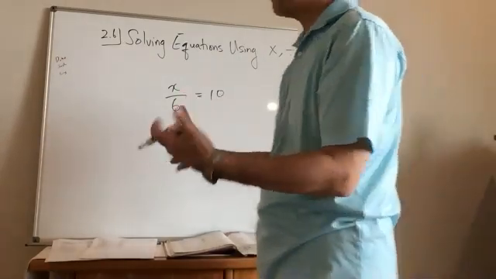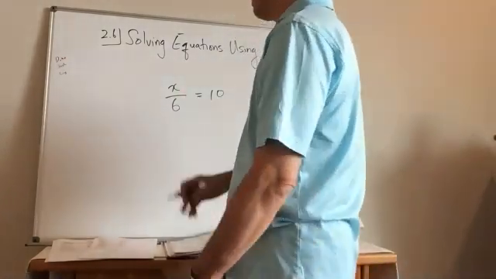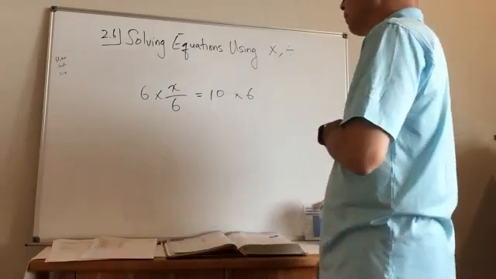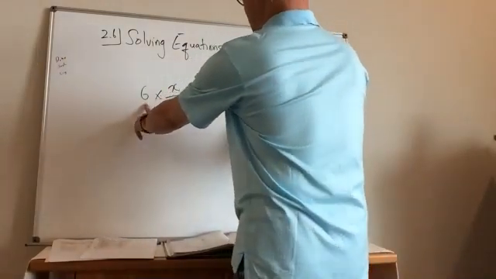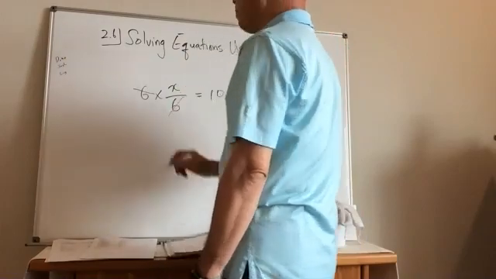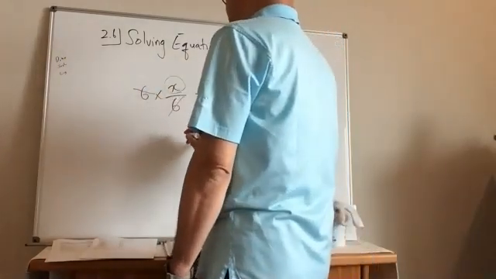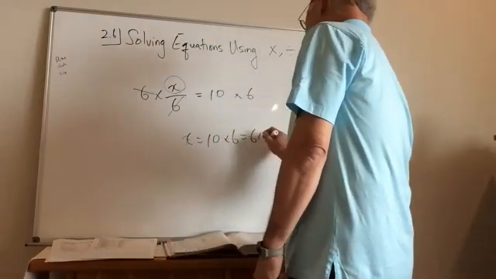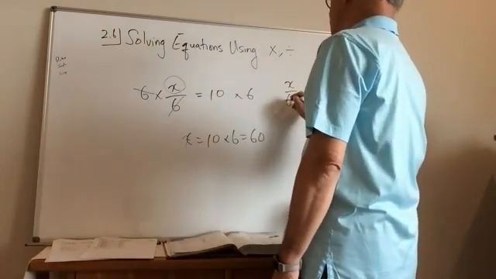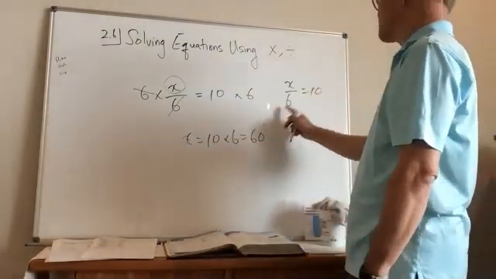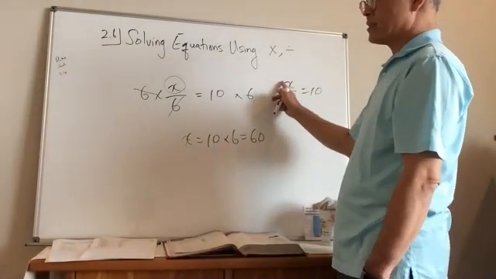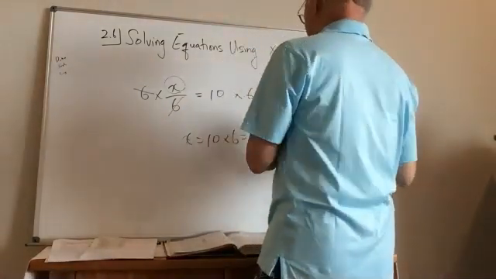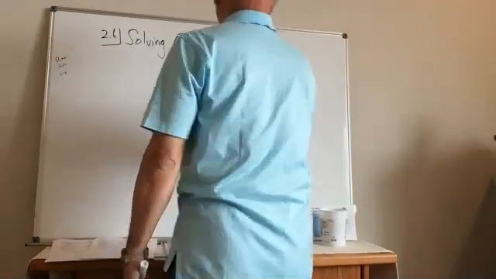Now, in this case, instead of dividing both sides, I'm going to multiply both sides by 6, because now the 6 in the numerator and the denominator cancel out. I'm left with x, so x is equal to 10 times 6, which is equal to 60, which makes sense because the original question was: some number divided by 6 is 10, and that some number is 60. 60 divided by 6 is definitely 10, okay? So that's how you use multiplying and dividing.